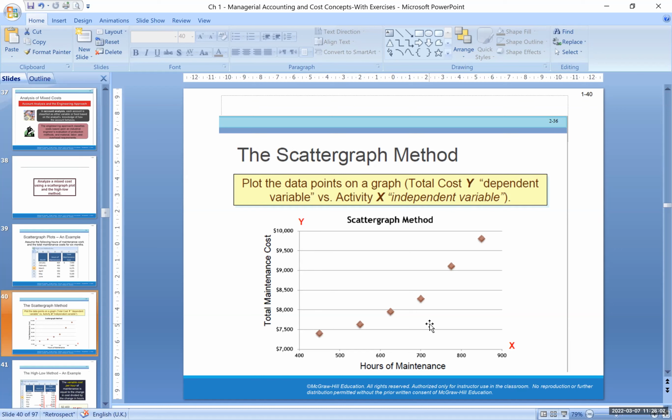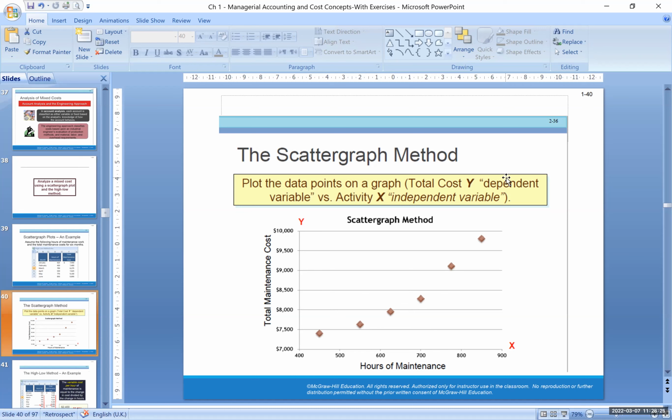So plot the data points on a graph: total cost y, which is called the dependent variable, versus the activity, which is the independent variable x, representing the hours of maintenance. Now we will plot. Plot means we will join the hours of maintenance with its cost.